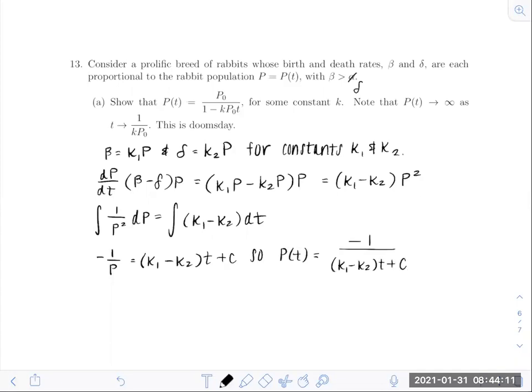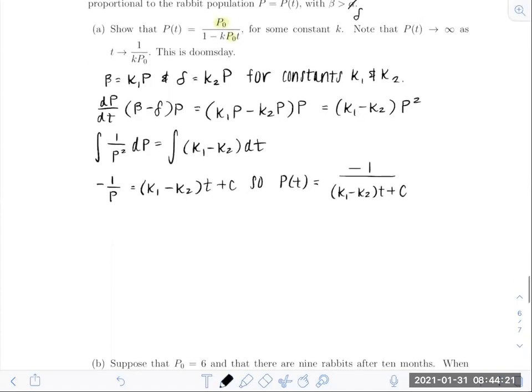All right, now when we look up at the solution that we're supposed to get, notice that they write it in terms of some generic initial population. So we would like to flesh that out. I'm going to say that the initial population P of 0 be denoted by P naught.